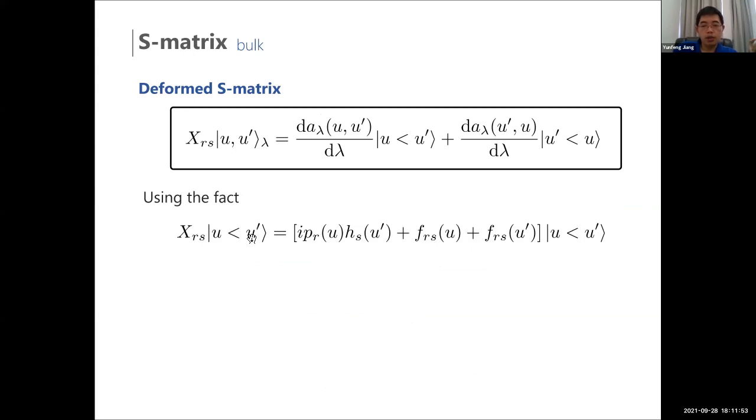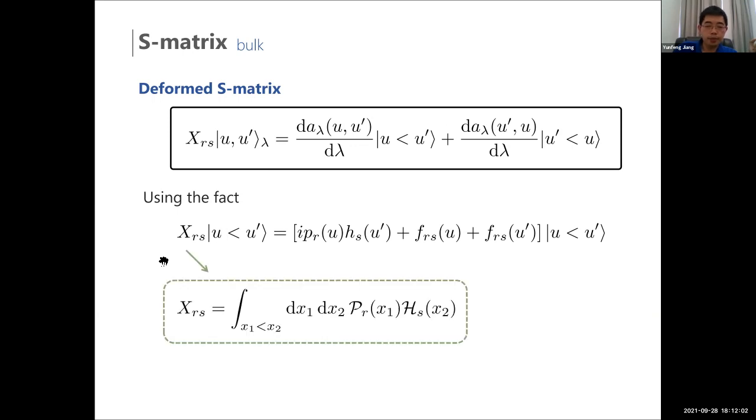Now, it's rather easy to argue that the ordered state is an eigenstate of the bilocal operator, as follows. The bilocal operator is defined like this, with two charge densities. And these two particles are far away from each other. So when you act with this operator on this type of state, you have two kinds of contributions.